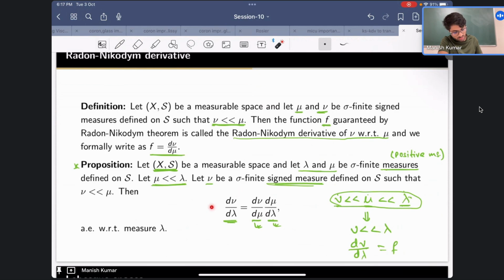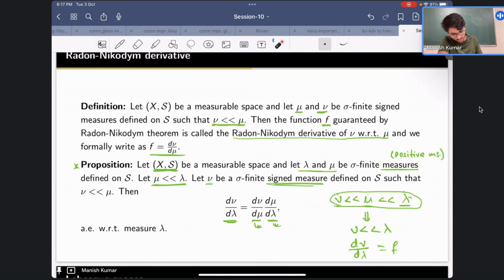This equality holds almost everywhere with respect to the last measure, lambda. This is what this type of chain rule is.